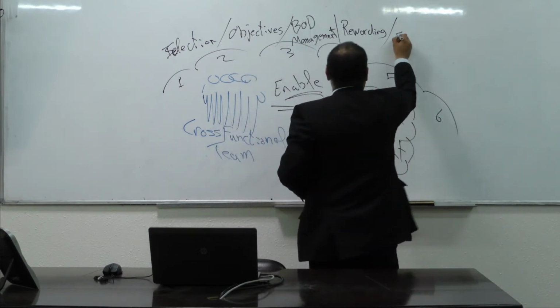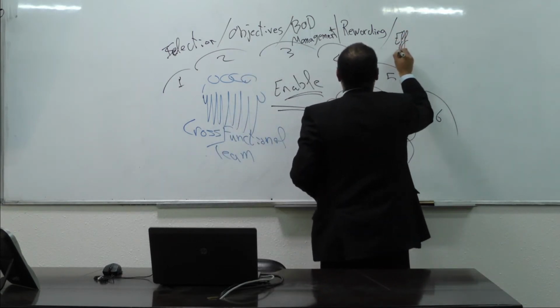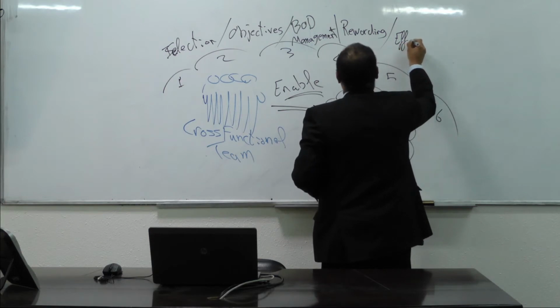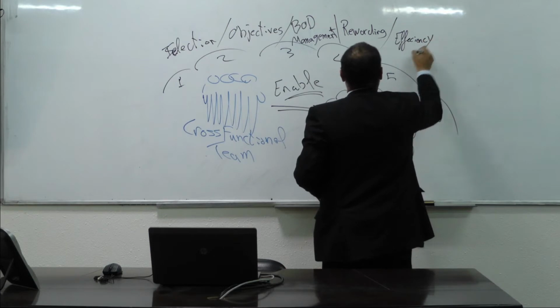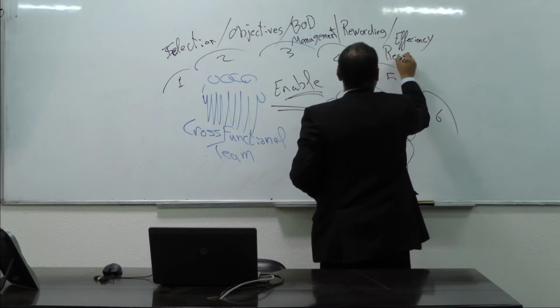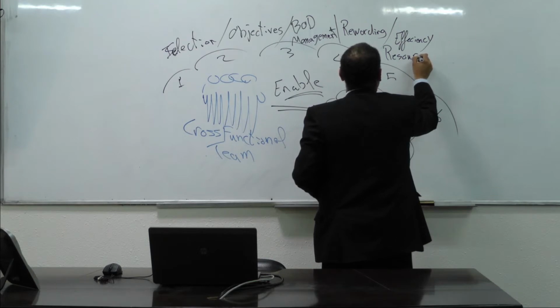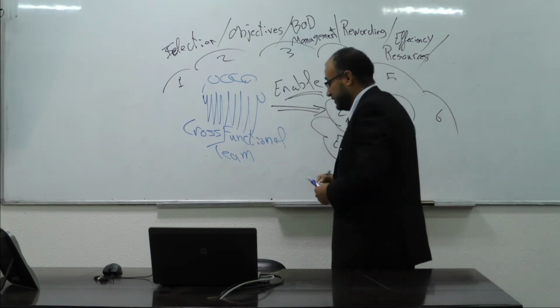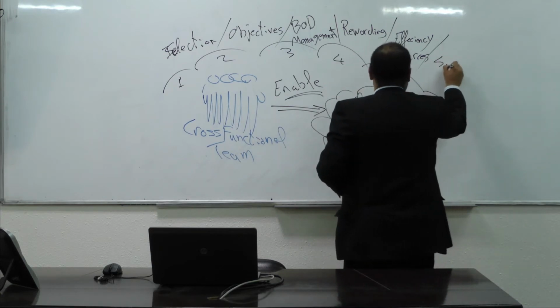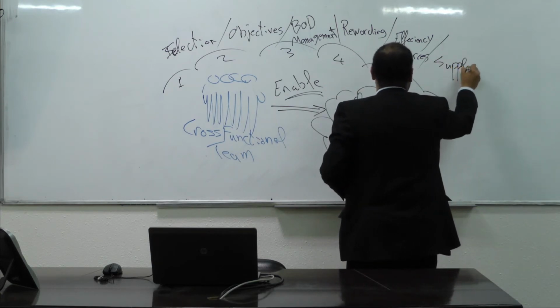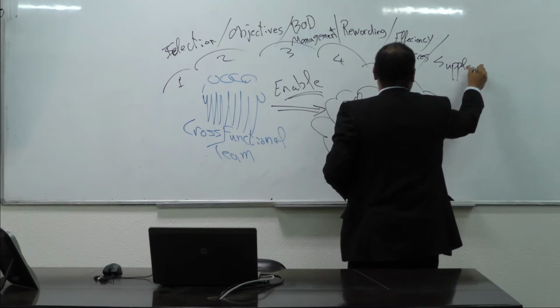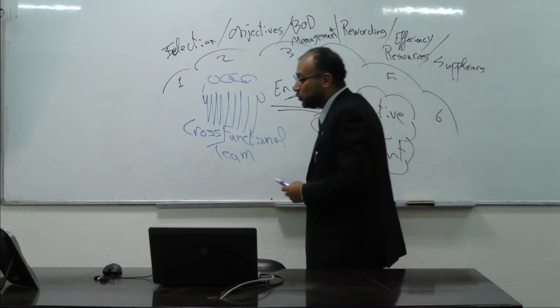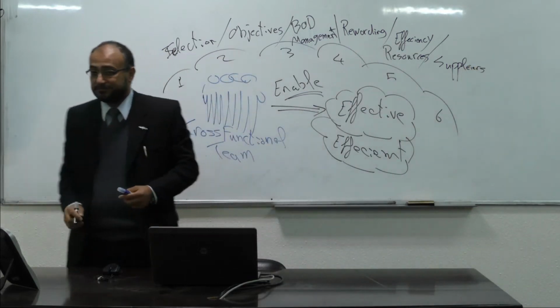Think about the effectiveness of objectives and resources, efficiency of how they can use the resources given to them. Think about the suppliers, key suppliers. Do they have the abilities to understand what are the keys, who are the key suppliers, choose them?